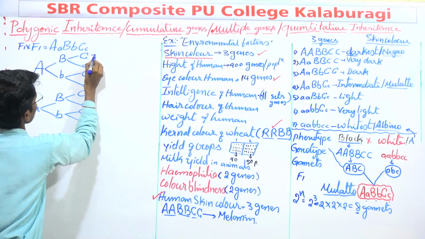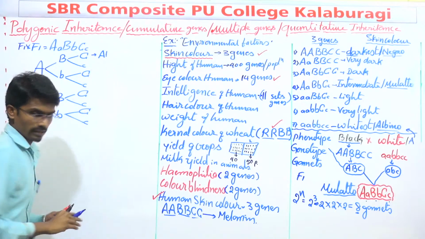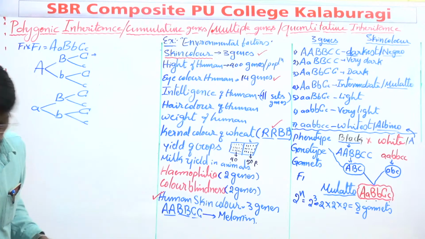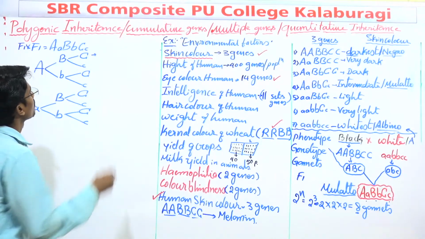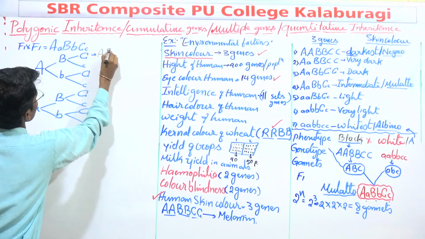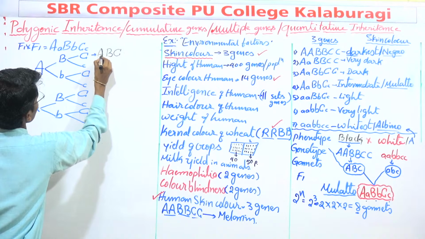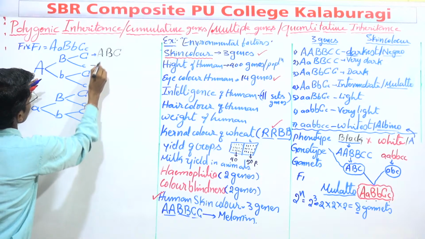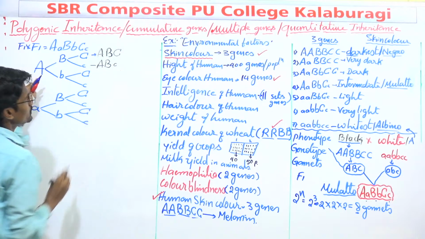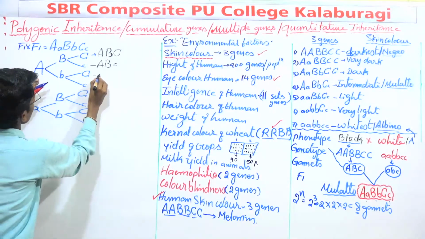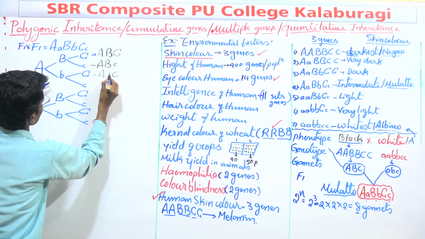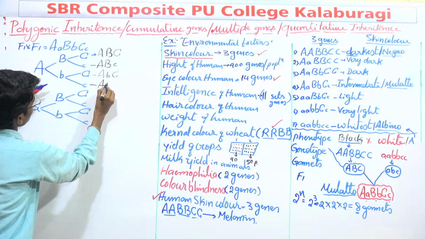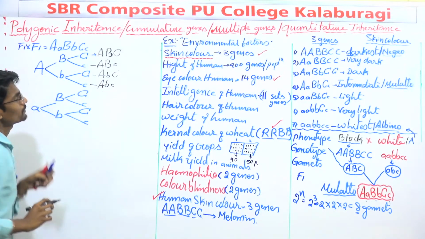What are the 8 gametes here? In the first case, all are dominant. For our identification, I will use another color. That is, all are dominant. Next, in the second case, AB are dominant, C is recessive. In the third case, AC are dominant and B is recessive. In the fourth gamete, A is dominant, the remaining B and C are recessive.